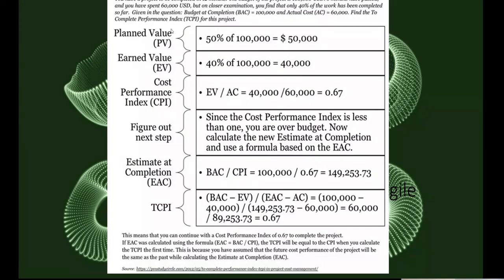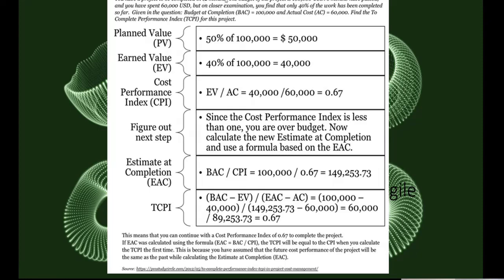I put an example in here, but we can discuss some other example later. They are saying that you have a project to be completed in 12 months. The budget of the project is $100,000.